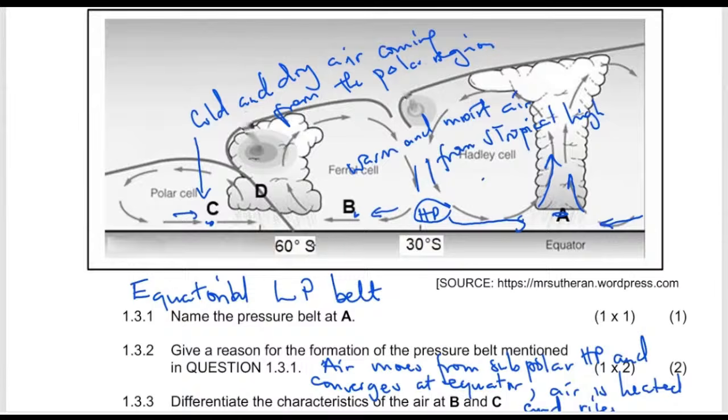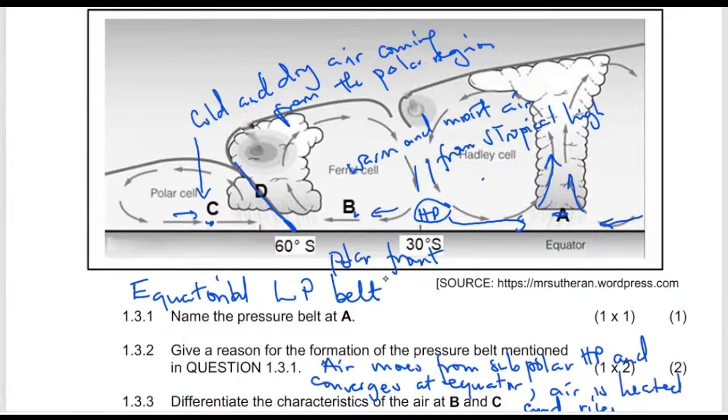Because these two air masses have different properties, one cold and the other warmer, they cannot mix, so they tend to be separated by the polar front. That is where the polar front develops, a boundary which separates these two air masses because of their differences in properties.